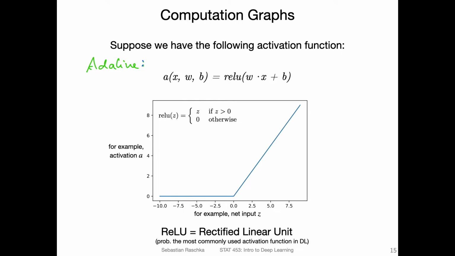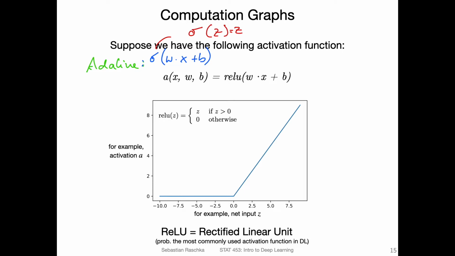So the net input, let's consider one weight, one feature, was computed as follows. And then we had in Adaline this activation function, which was just an identity function. And now we are taking a look at a function where the sigma is not an identity function.